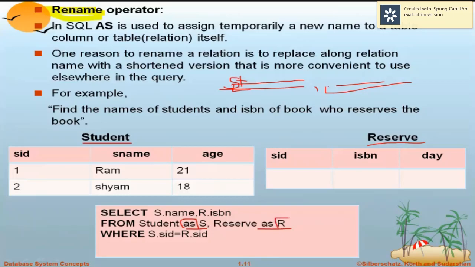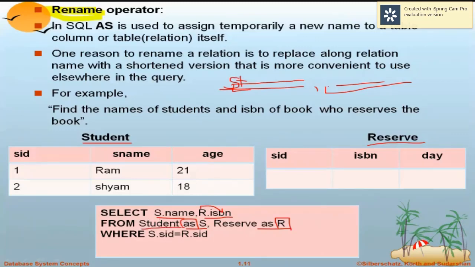And now I can refer to them using s.name and r.isbn. What does it mean? I am trying to pull the names from the student table and the ISBN from the reserve table. So S is nothing but student, R is nothing but reserve. Just mention the nicknames first and then elaborate in the from command.